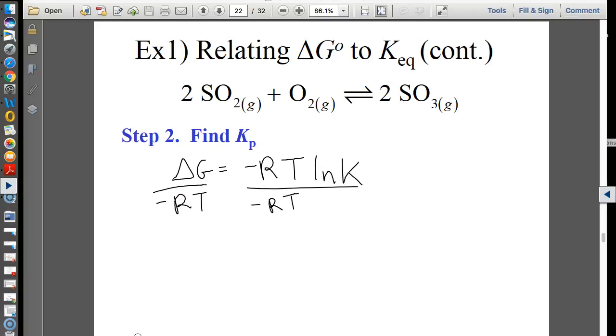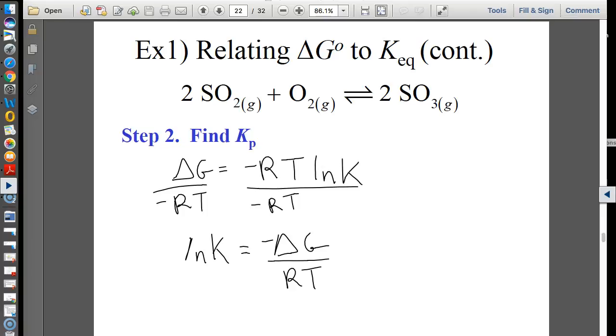Just good old algebra here. And I'm just going to rewrite it with K on this side. Have I lost any children? I just flipped it around and made me feel better about my life. Good so far?